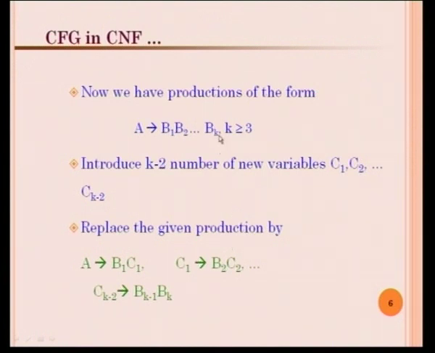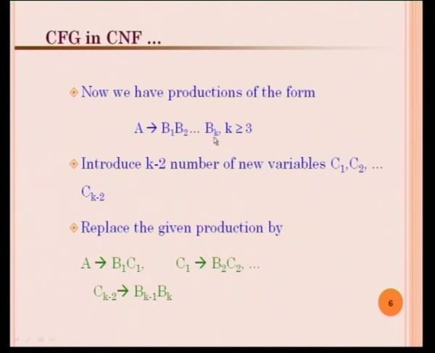When we have k symbols, the number of new variables to be introduced is k minus 2, and in addition to the starting production for A, we will have k minus 1 productions in total when breaking a production of the form A derives B1 B2 up to Bk.